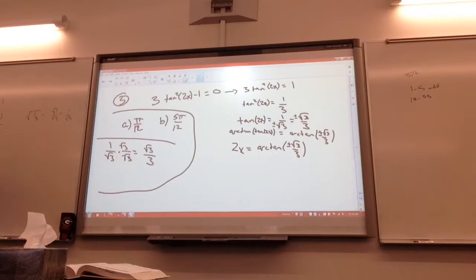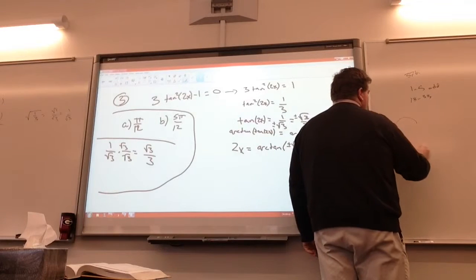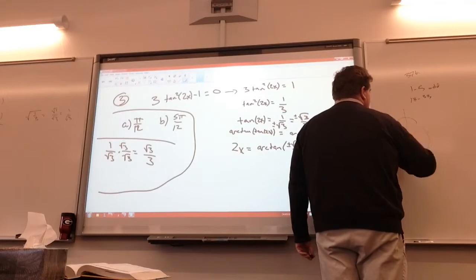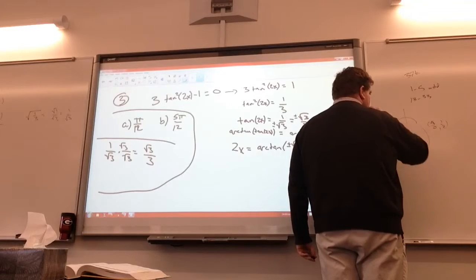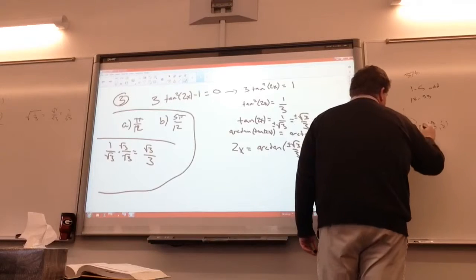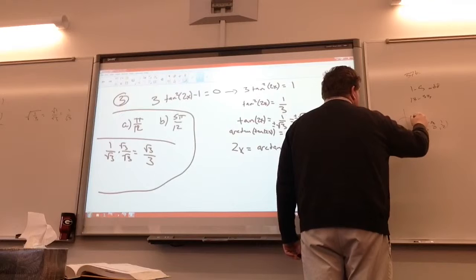So the real question is, at this point I can get out a calculator to solve this. The other problem though is, if I didn't have a calculator, I'd have to look at the unit circle. On the unit circle, we'll just write up 2 locations up here.